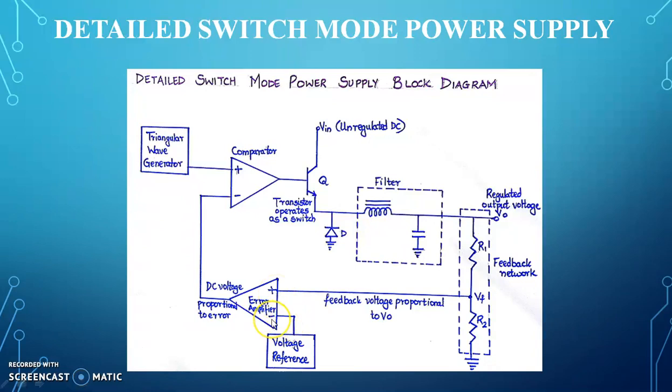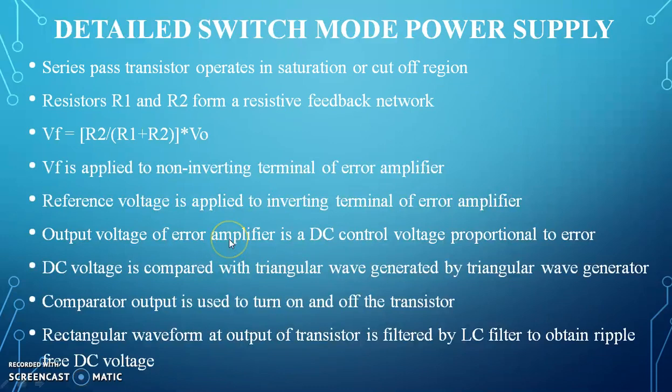The reference is given to the inverting terminal of the comparator, and we are getting a lower value of the DC signal. So if VF is low, then the DC voltage is also low, which is given to the inverting terminal of the comparator.